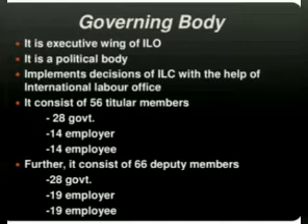As we discussed earlier, it consists of 56 titular members: 28 government, 14 employer, and 14 employee representatives. And further, it consists of 66 deputy members. In the same way, there are 28 government representatives, 19 employer representatives, and 19 employee representatives.